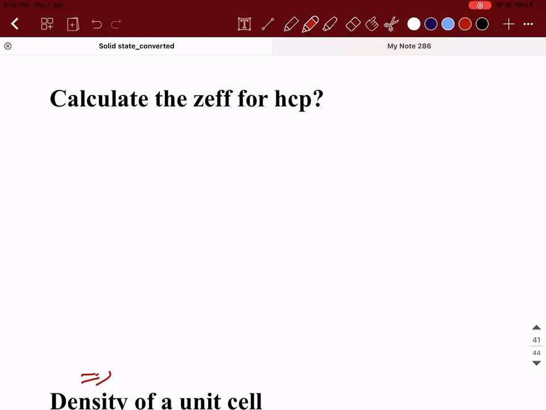If you understand the concept, it is easy for you to answer the questions. See, for HCP, the tetrahedral voids are covered in three dimensions. This is how I have drawn the picture.